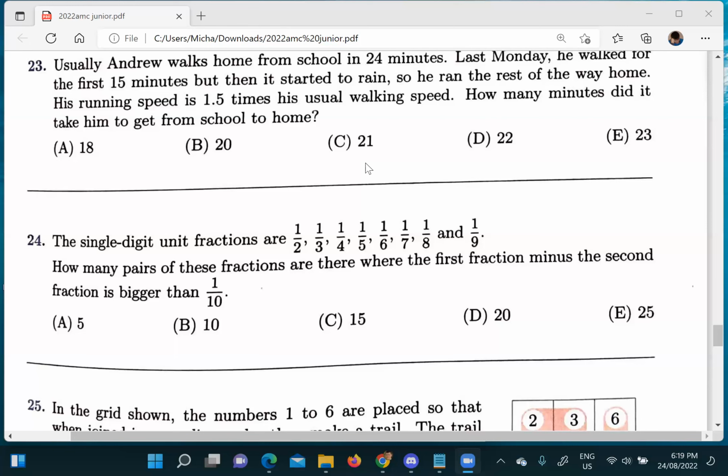Actually, sometimes questions like this are also easy when you put them into decimals. So half is 0.5, yeah? A third is like 0.333, a quarter is 0.25, a fifth is 0.2, a sixth is 0.16 something, a seventh is 0.14, an eighth is 0.125, and a ninth is 0.11.